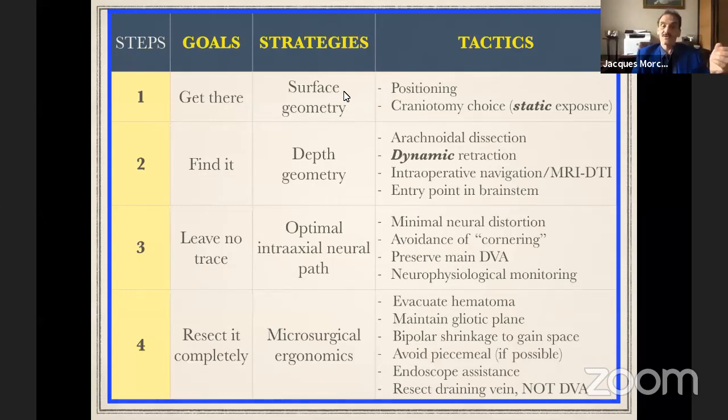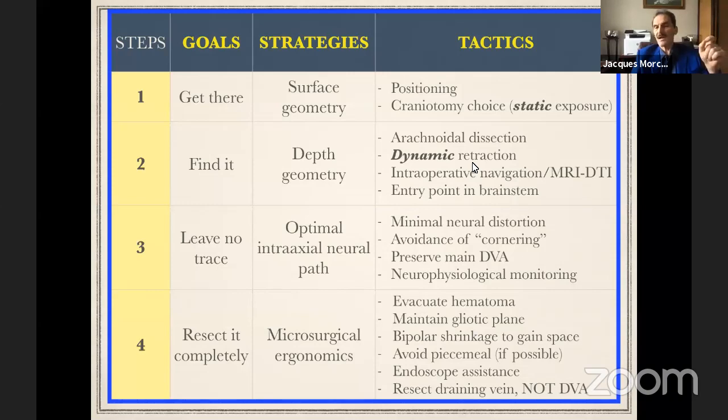To get there, to understand surface geometry, how do you apply this tactic-wise? Is positioning of the patient and craniotomy choice. But I remind you, the choice of craniotomy only gives you static exposure. To get dynamic exposure is the second step, so-called dynamic retraction.